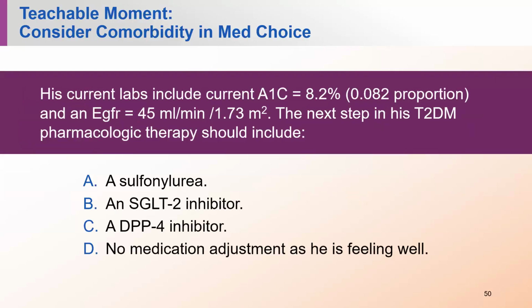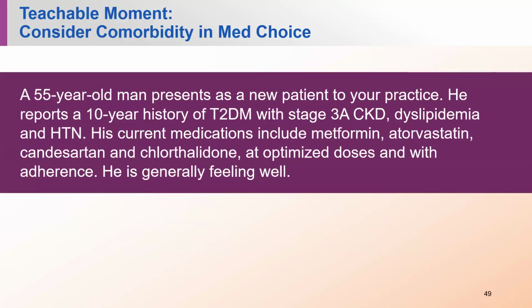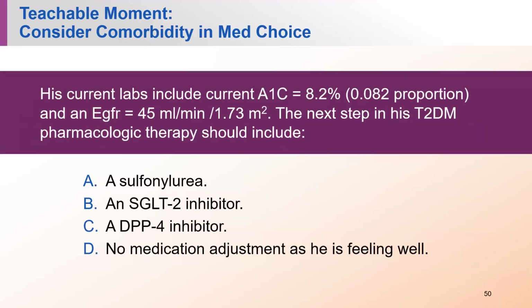Another really important point, I'm going to go back a slide. No, he doesn't need to have his metformin discontinued because his GFR is way above 30. By the way, the statins can be given down to GFRs of 15, and they're okay to use. So the next step in his type 2 diabetes pharmacologic therapy should include a sulfonylurea?